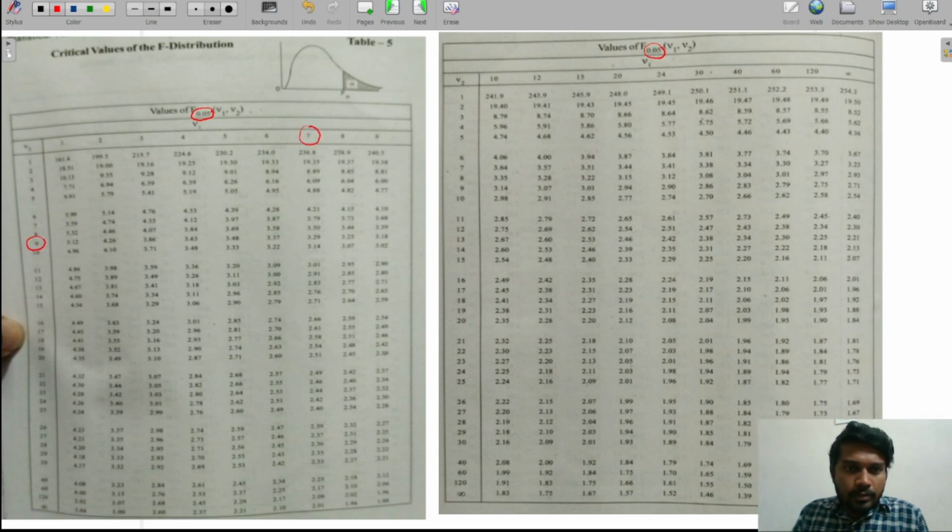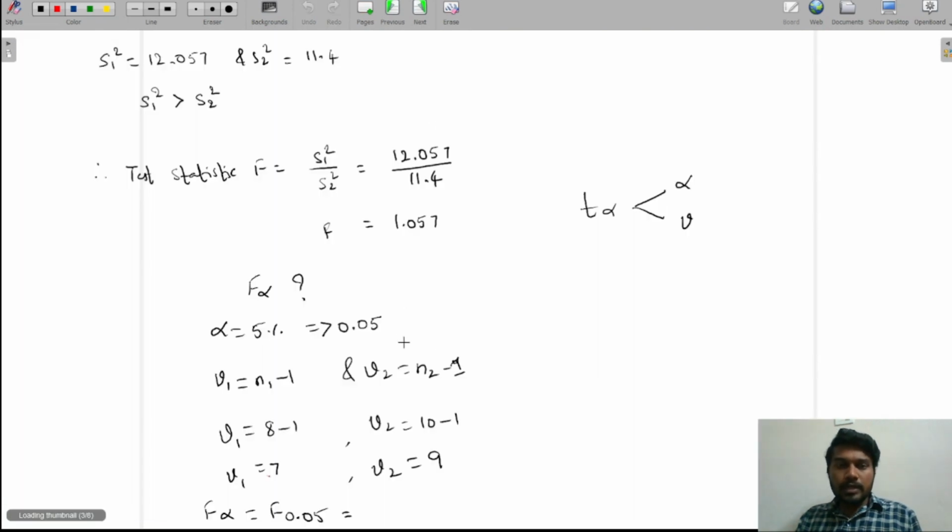Then what is the combination of these two? 3.29. Yes, so 3.29 is the value of f alpha. So what is the observation here? Capital F value 1.057 and f alpha value at 0.05 is 3.29.